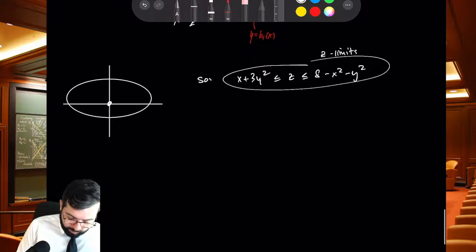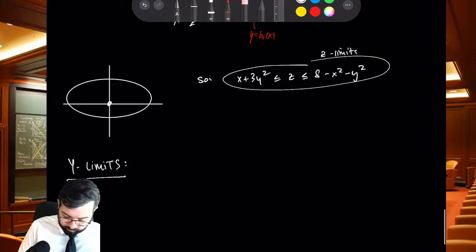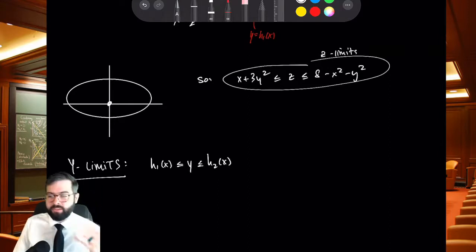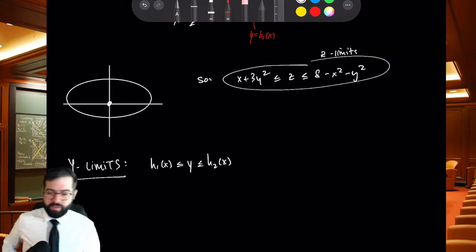So now for my y limits. Remember, we want some functions of x. They could be constant or they could be formulas involving x.